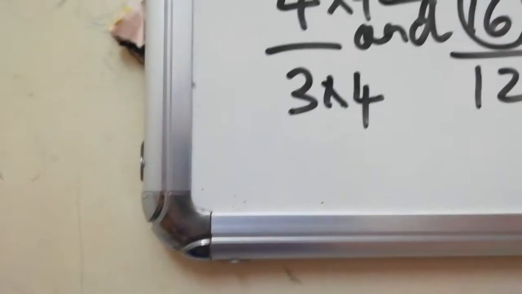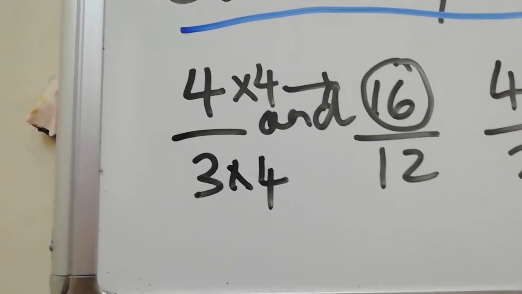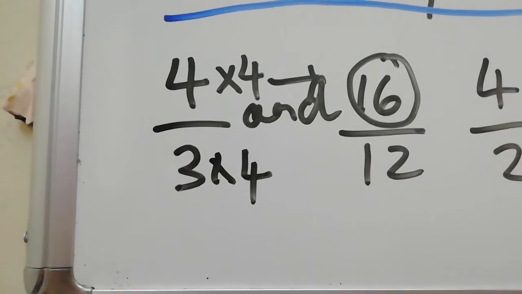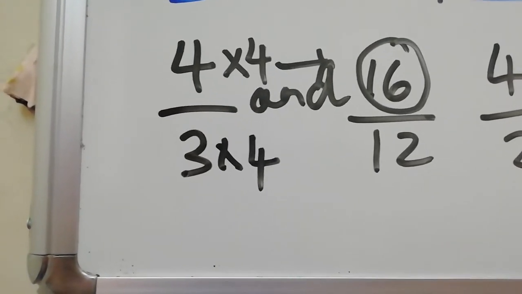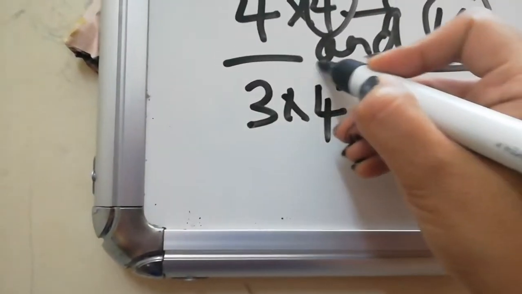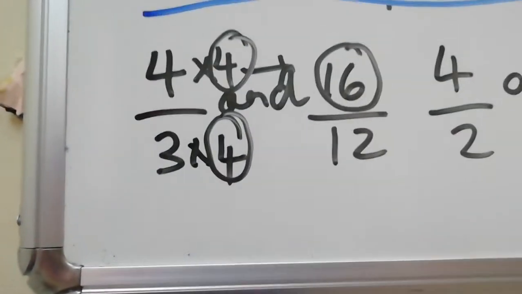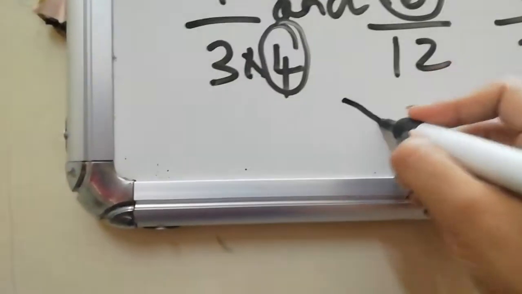What I did, I saw that in 4's table where does 16 come. So 4 times 4, whatever you do in numerator, same treatment you need to give in denominator. Whatever you do in denominator, same treatment you need to give in numerator. So if numerator I have multiplied by 4, I need to multiply my denominator also by 4. So 4 times 4 is 16, 3 times 4 is 12. So yes, they are in direct proportion.